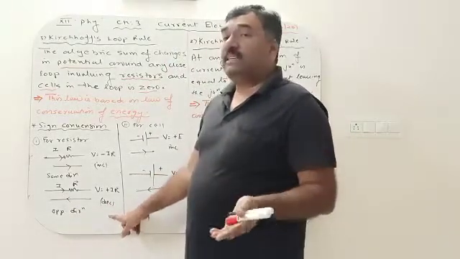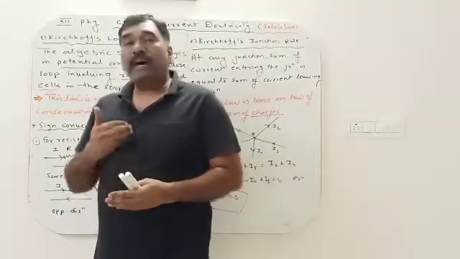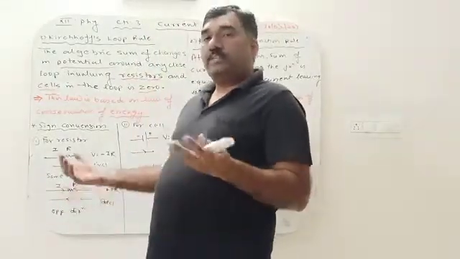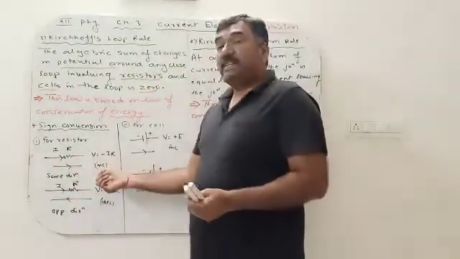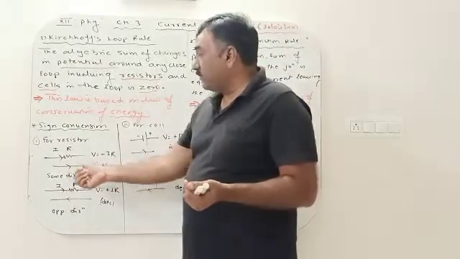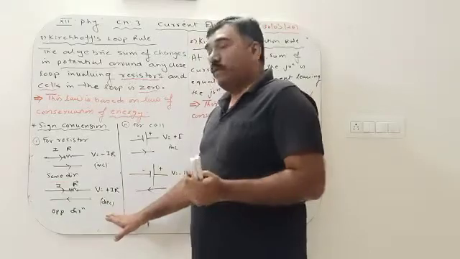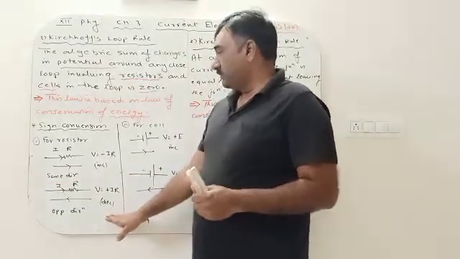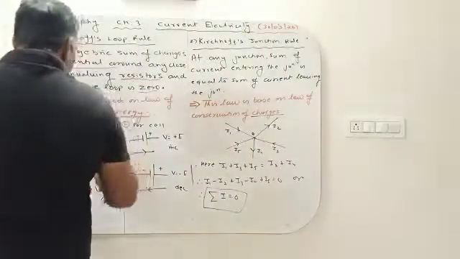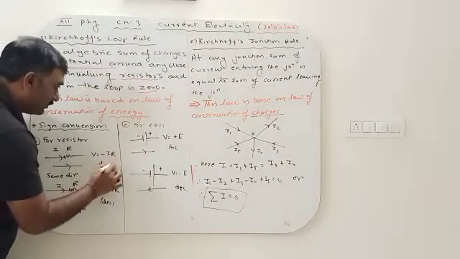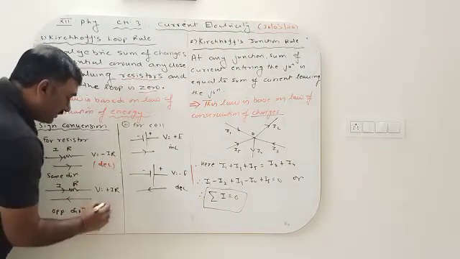The reason is that the current always moves from higher potential to lower potential. So in the same direction, from higher to lower, potential decreases; that's why V is minus IR. From lower to higher it increases, therefore it is to be taken as plus.